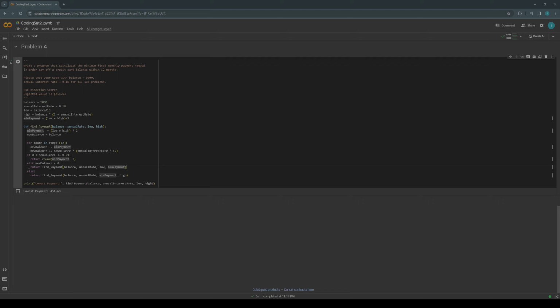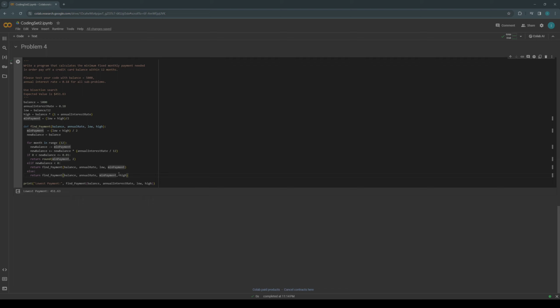Now, in any other case, which is really, we only have one other case, which is that new balance was greater than 0. In that case, obviously our minimum payment is too low. So we're going to input minimum payment instead of low, because our minimum payment was too low.